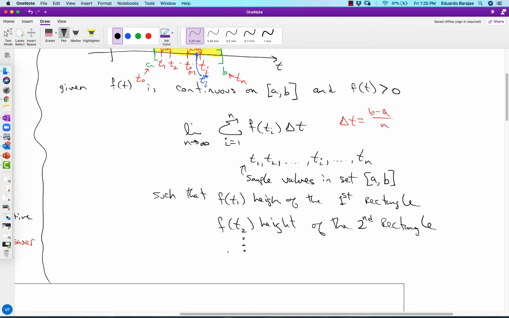So that means that f of t sub i is the height of the ith rectangle.